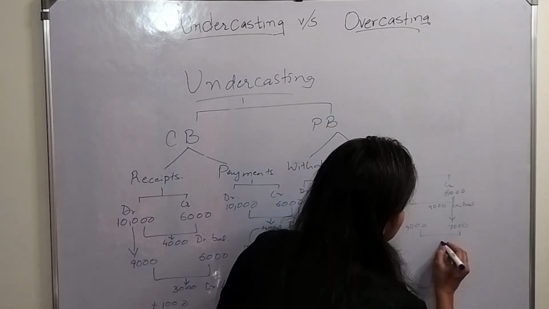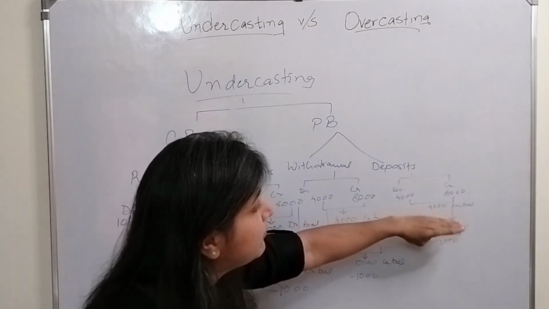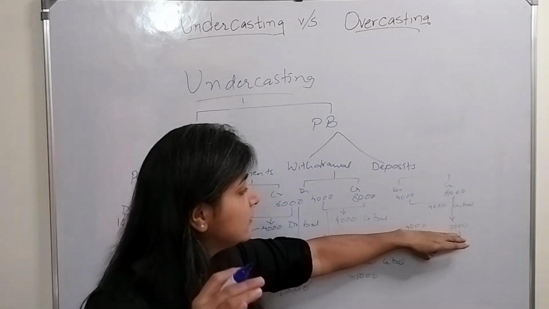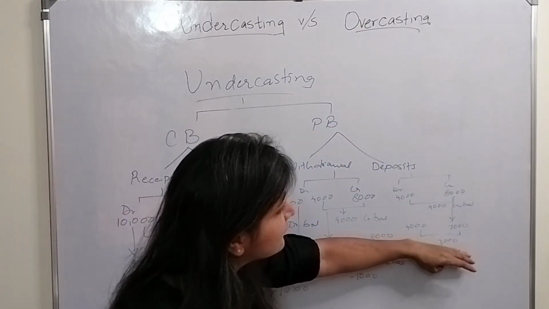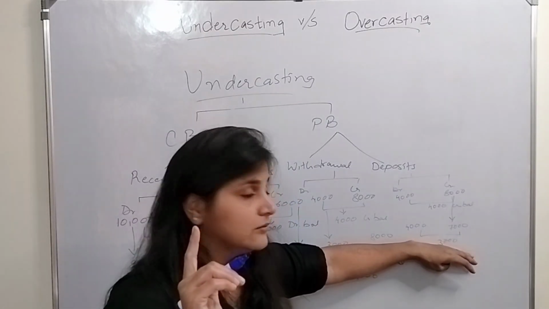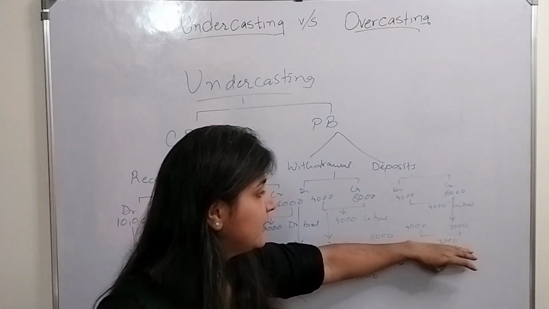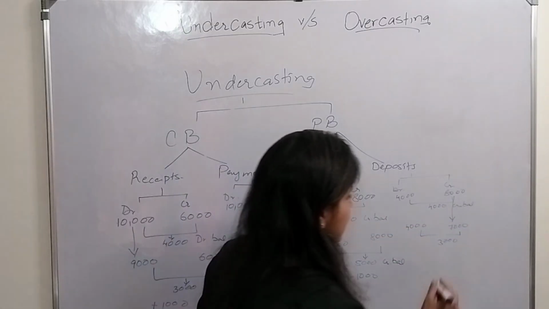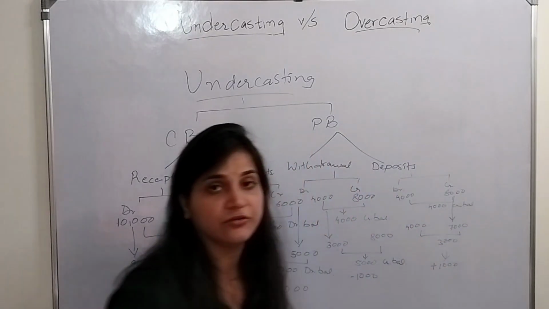So now it is showing 3,000. There is an undercasting on the deposit side of the passbook, wherein it should actually show 4,000, but it is showing 3,000. So it is an undercasted amount wherein I have to add this 1,000.